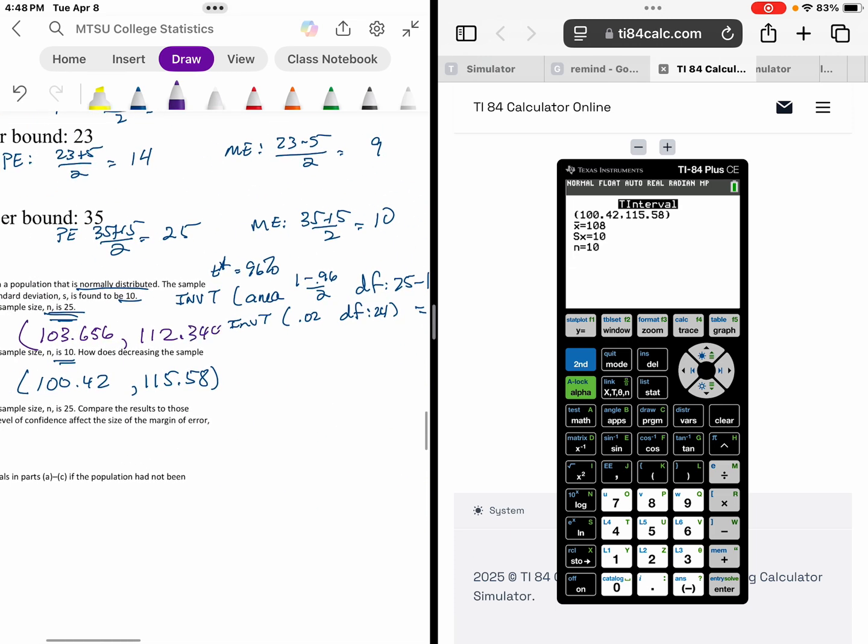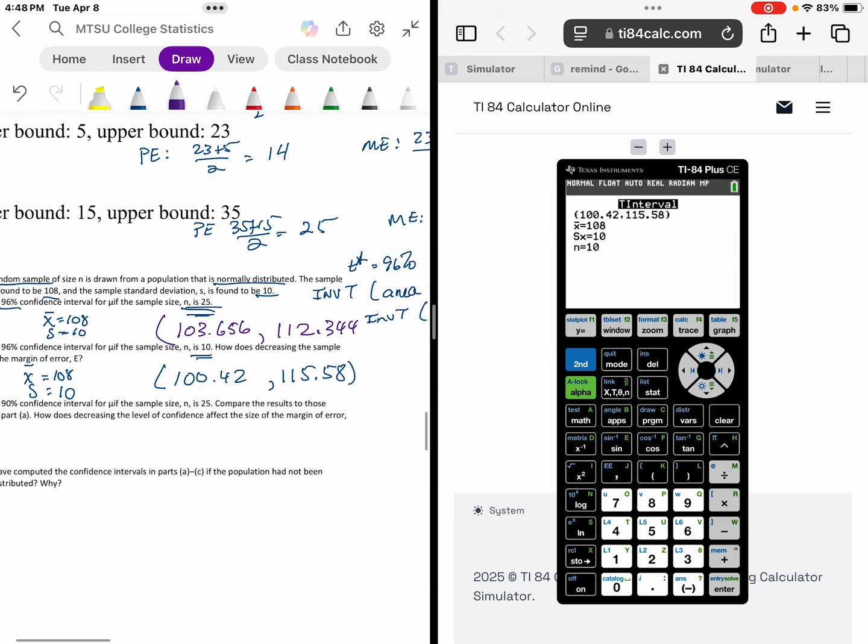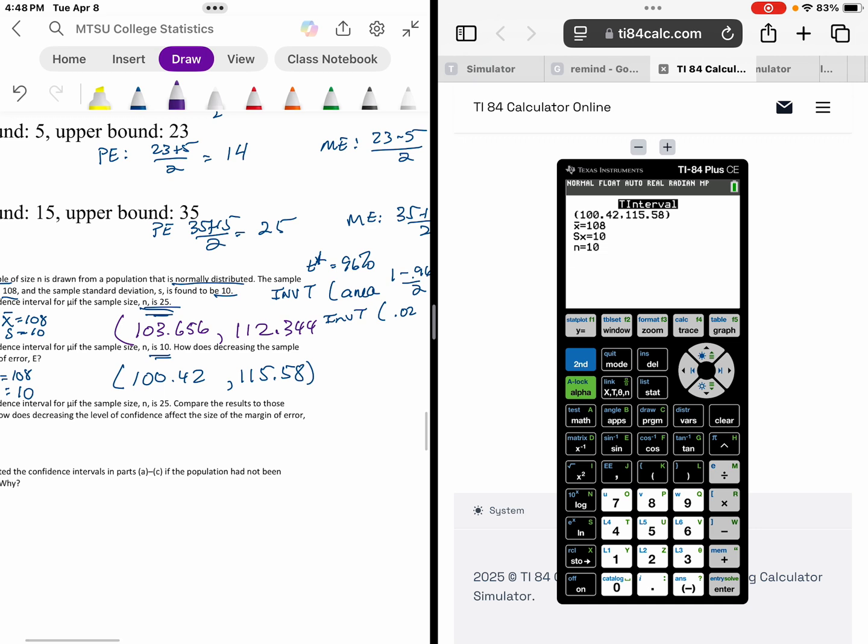And they asked us the question, how does decreasing the sample size affect the margin of error? Well, if you're not sure, to me it increased because we got wider. Our interval went from 103 to 100 on the low side, and it went from 112 to 115 on the high side.